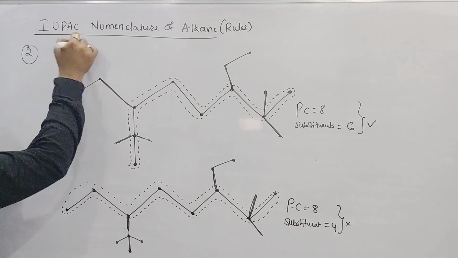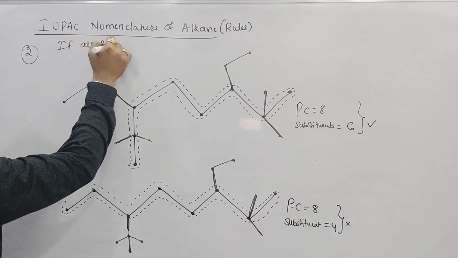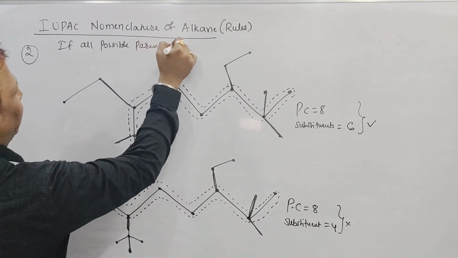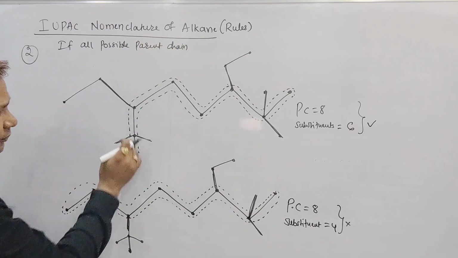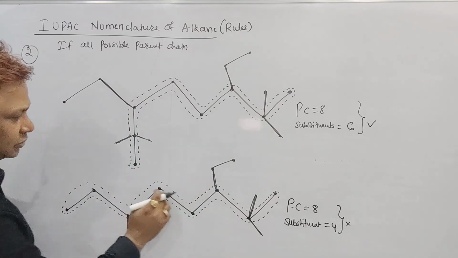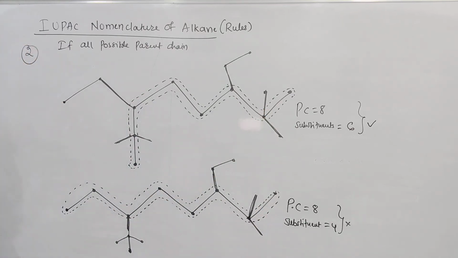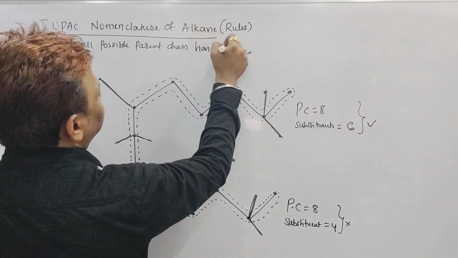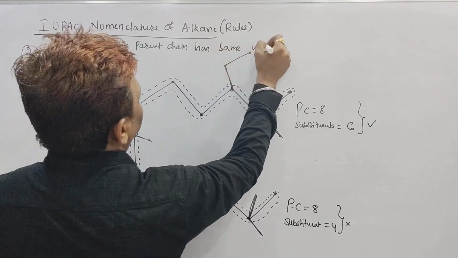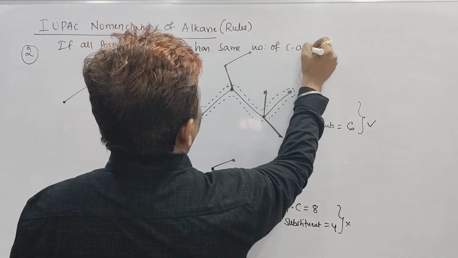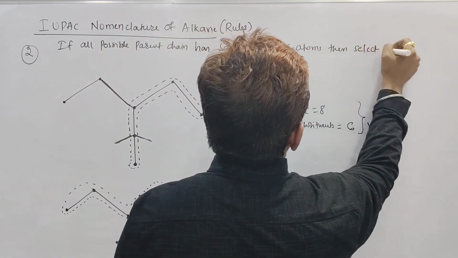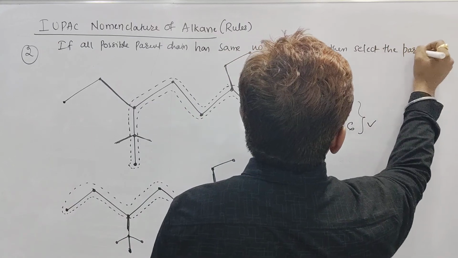Sir, if all possible parent chains, see, beta, this is one possible parent chain and this is also a possible parent chain. Beta, if all possible parent chains have the same number of carbon atoms, then select the parent chain.